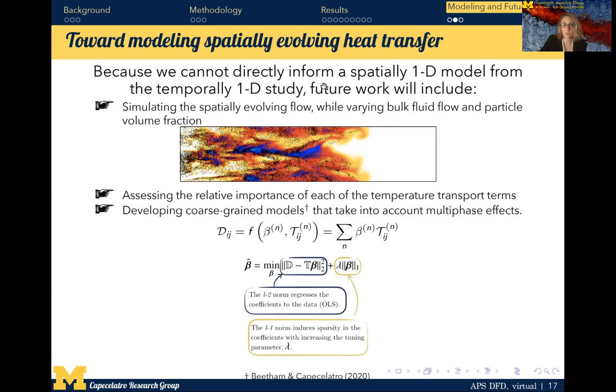And to do this, we will use a sparse regression-based method in which it's postulated that the quantity of interest that we seek to model can be described using a linear combination of coefficients and test functions, beta and t respectively, and we can find the ideal set of coefficients by solving the following optimization problem, where this first term is an L2 norm, which regresses the coefficients to the data, and then the second term is an L1 norm to induce sparsity and thereby effectively conducts model selection by setting some of the coefficients to 0 with increasing the tuning parameter lambda.